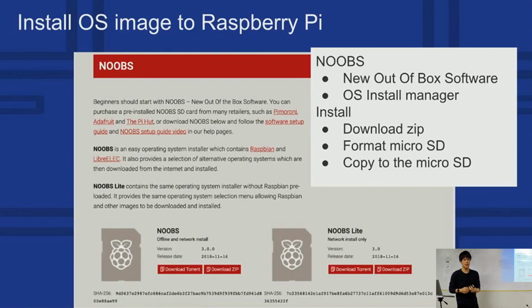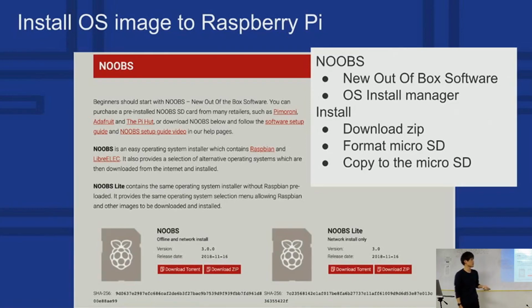the Raspberry Pi, you need to write OS images to your SD card. So it means you need to use other applications. But in the case of NOOBS, you don't need to use writer applications.